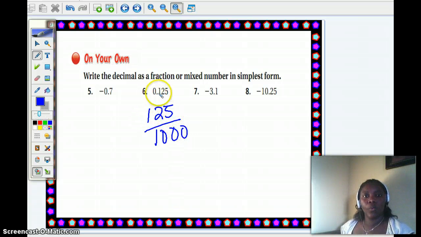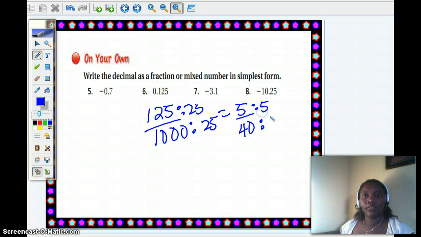Or 1, 2, 3 numbers after the decimal, 1, 2, 3 zeros that we need, and then from there we simplify. So let's divide this by 25, and we'll get 5 over 40, and then we reduce it again, divided by 5, and we get 1/8.